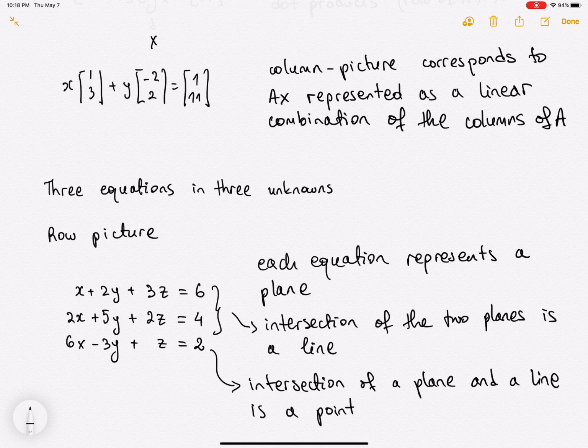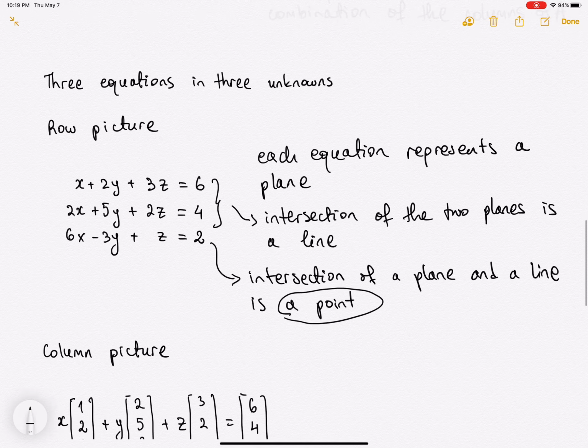Of course, it could happen that a plane and a line don't intersect, but that's not the case here. So in fact, these three planes do intersect, and what we're looking for is a point of intersection.